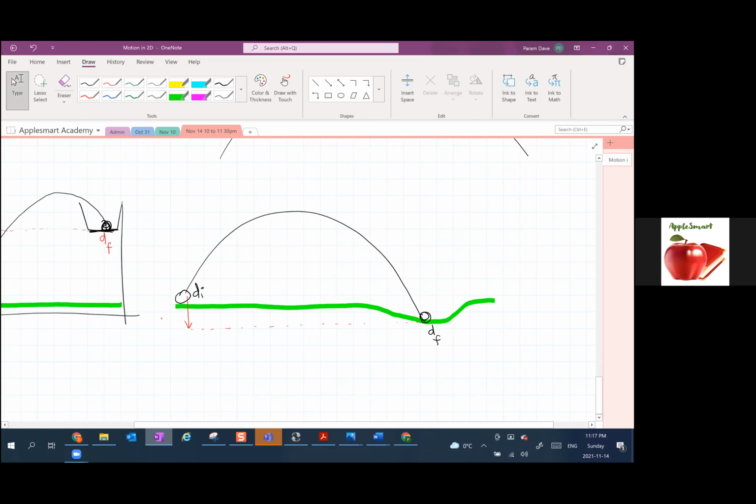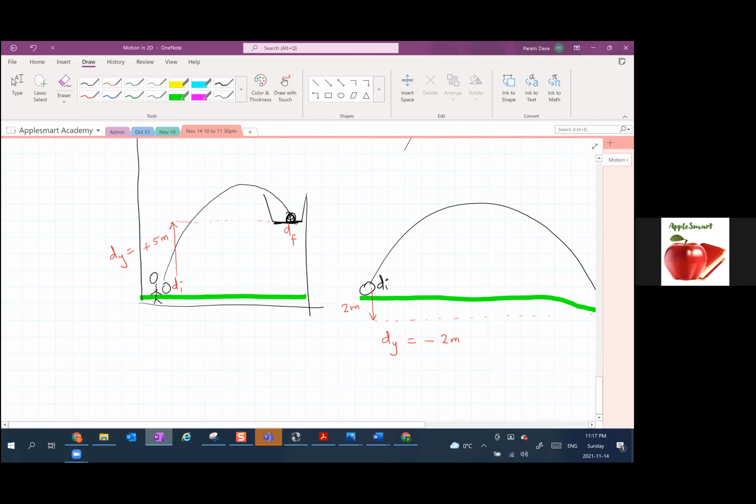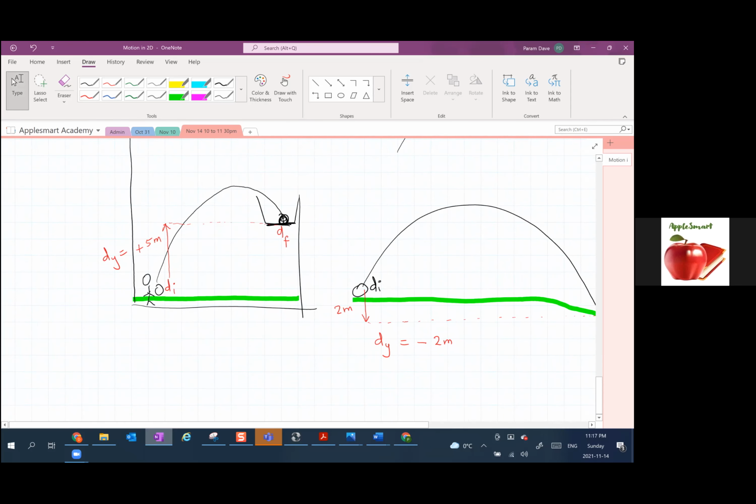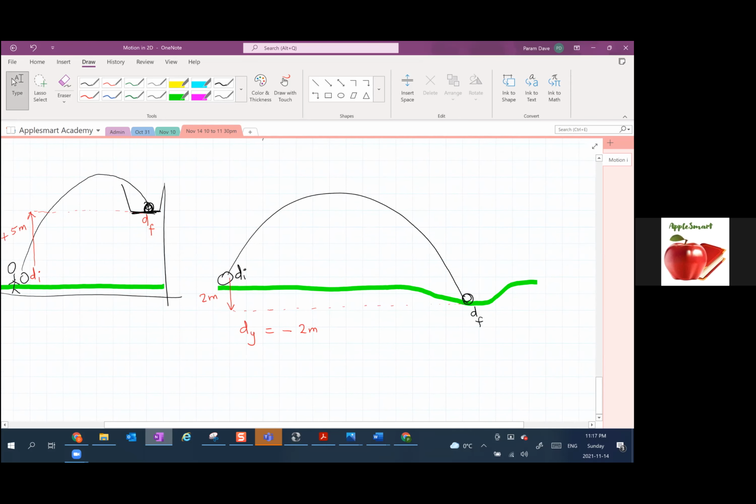And so let's say if that was 2 meters, then dy would be negative 2 meters because df is below di. In the first case here, df was above di, so it was positive. Here it is negative. Okay, so this is what you would have to be careful about, the vertical displacements.